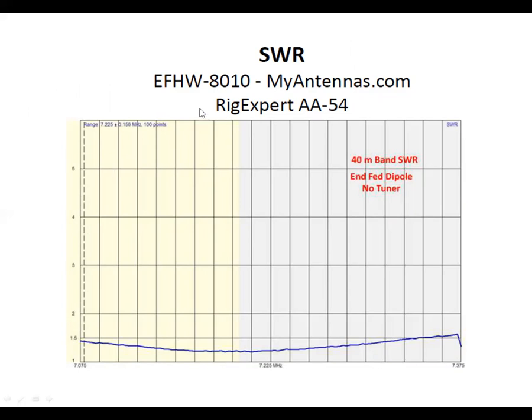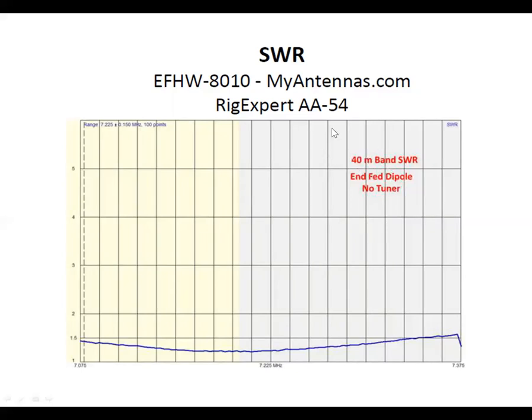And this is the same antenna. I have this one at home, and this is the same one we have up at the clubhouse, hooked up to the ICOM 7300. But it's an end-fed half-wave antenna. It's not a dipole, it's just an end-fed half-wave.